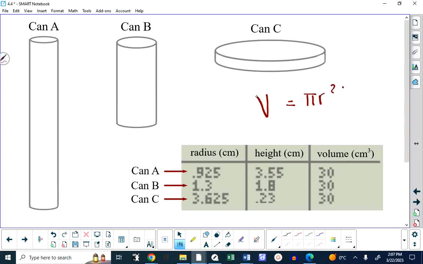Because a can is a regular solid, the area of the bottom is pi r squared times the height. You would discover that you get 30 in all of those. But somewhere in the middle, and it might not be exactly what I've drawn for can B, is a can that minimizes the amount of materials. And again, as a business person, if you have less materials, you have less cost, you have more profit.